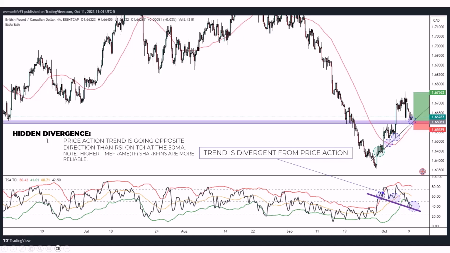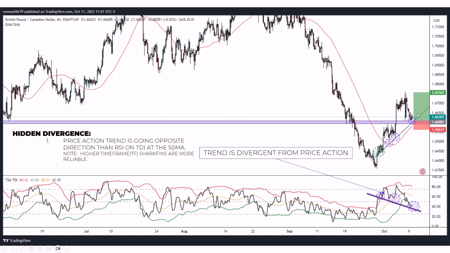On the TDI, the current peak is lower than these peaks. So the trend is going this way. On price action, the current peak is higher than these peaks. We call that divergence. That tells us that the market is getting ready to turn when you see divergence, when the TDI goes one way and price action is going the other way.